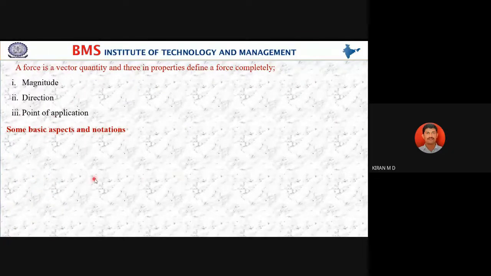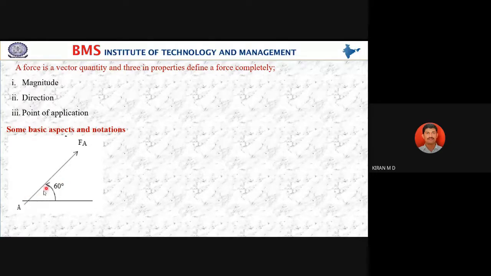For example, see here, this is the force. The first is magnitude, that means the value. Direction is 60 degrees, and the point of application is point A. This magnitude we define by a line along the direction using some scale.